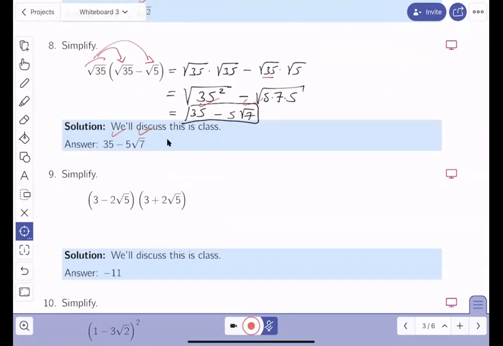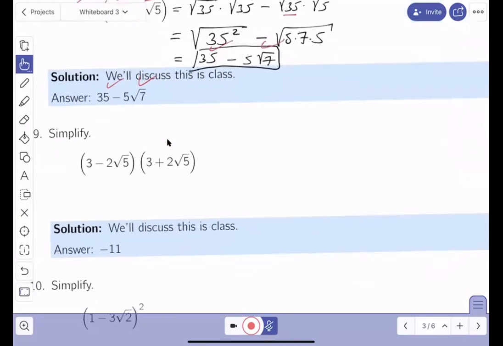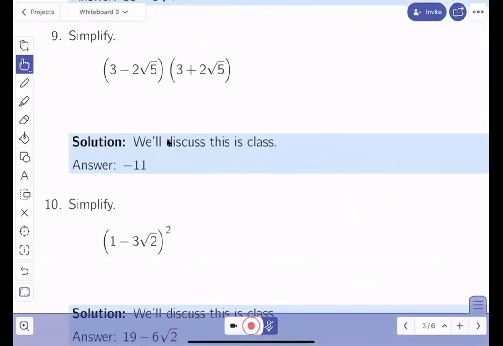All right, let me go to number 9 now. I'm looking at it and it's distributive property. And I'm going to write it down one step at a time. 3 times 3 is 9. 3 times 2 root 5 is 3 times 2 is 6 root 5.